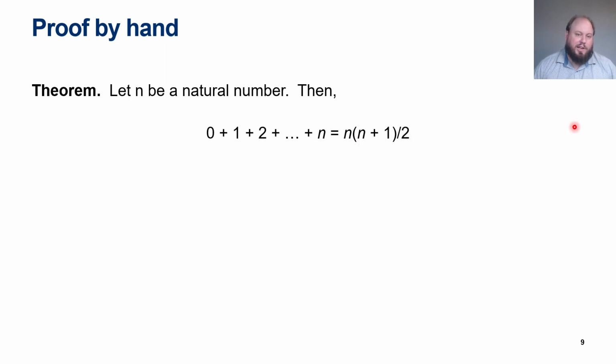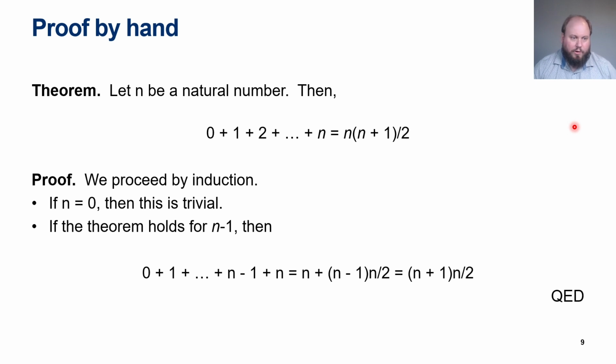Maybe the easiest one is using a geometric argument where you show that this sum looks like a triangle, and then you can compute the areas and say that, okay, this is n on the one axis and n plus 1 on the other, and this is a triangle, so it's half the size of the rectangle. But this is a little bit hand-wavy for machine-checked proofs, and so the better way to do this is to try to prove it using induction.